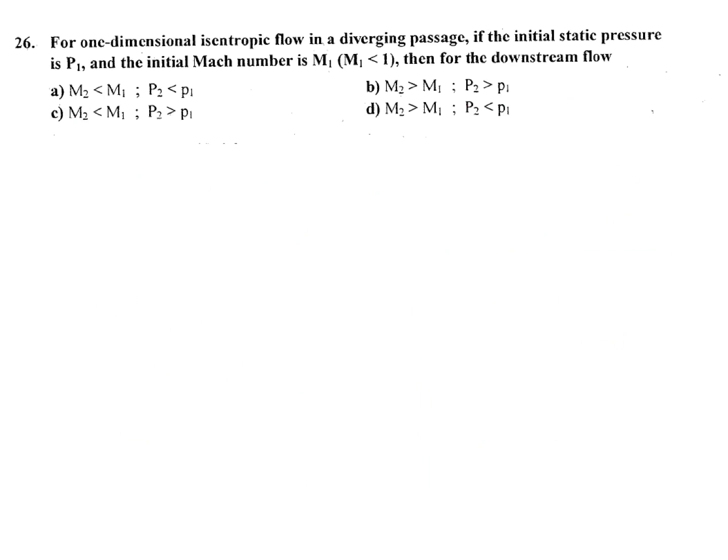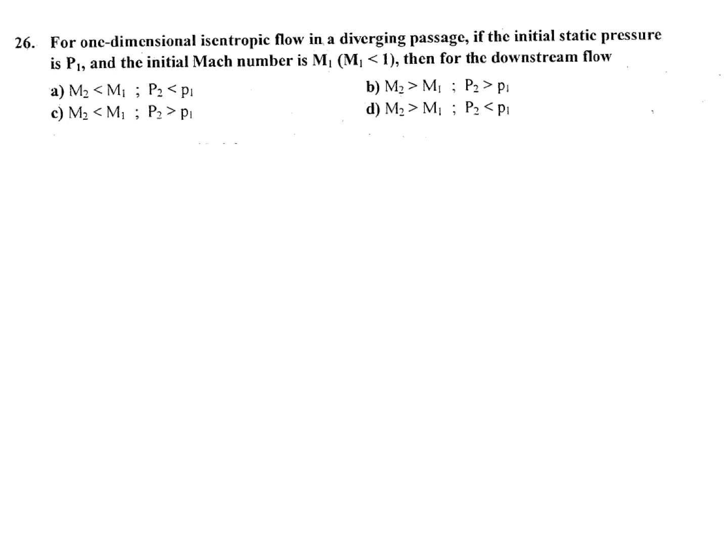Question is, for one-dimensional isentropic flow in a diverging passage, if the initial static pressure is P1 and the initial Mach number is M1, and M1 is less than 1 meaning subsonic, then for the downstream flow we have to calculate the Mach number relation and pressure relation.